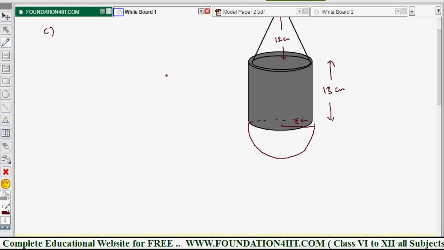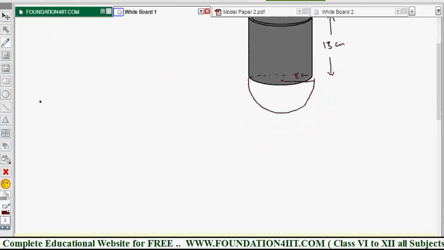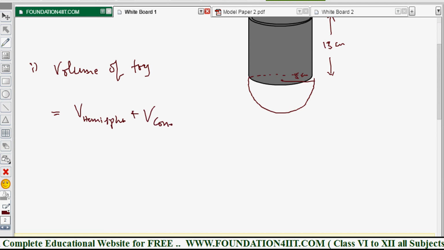Now just take the given data. The volume of this toy means volume of the hemisphere plus cone plus cylinder. Therefore, first let us find the volume. So volume of toy equals volume of hemisphere plus volume of cone plus volume of the cylinder.